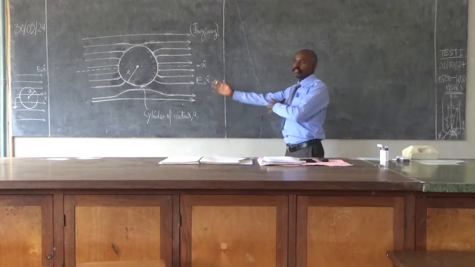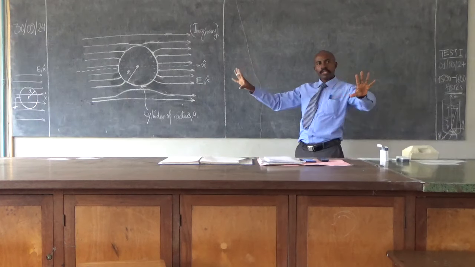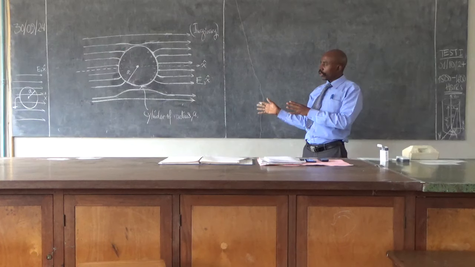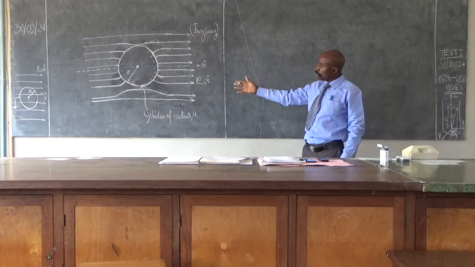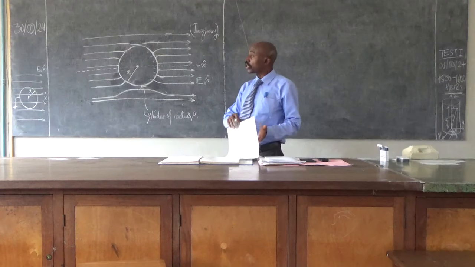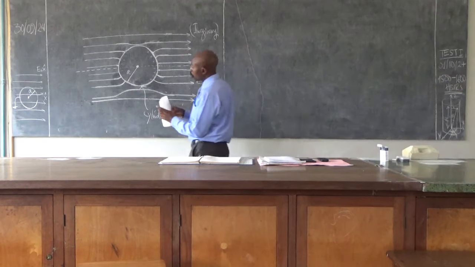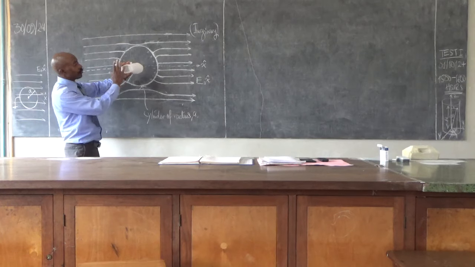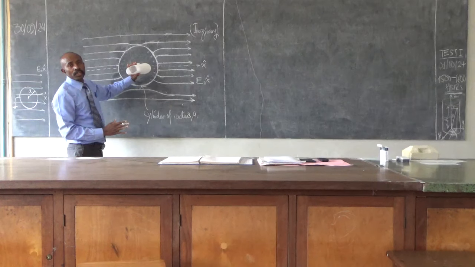So, any question? So now you know how the field on the sphere happened. You know how this field on the cylinder has happened. In the diagram, it just looks as if it is a circle, but actually we are just looking at the two dimensions. We are looking at the end of the cylinder.